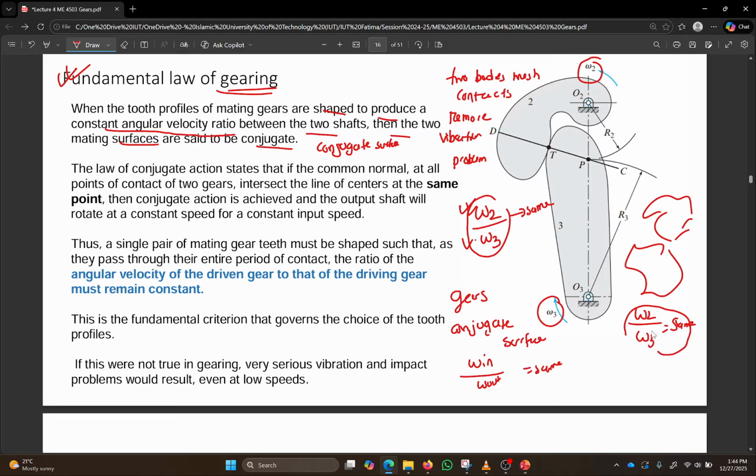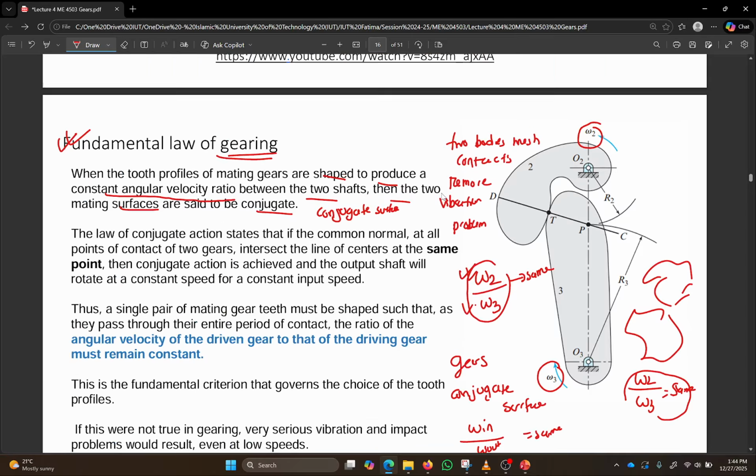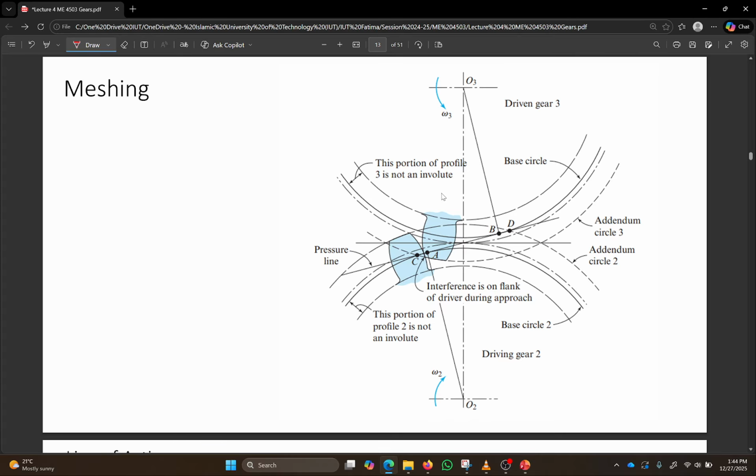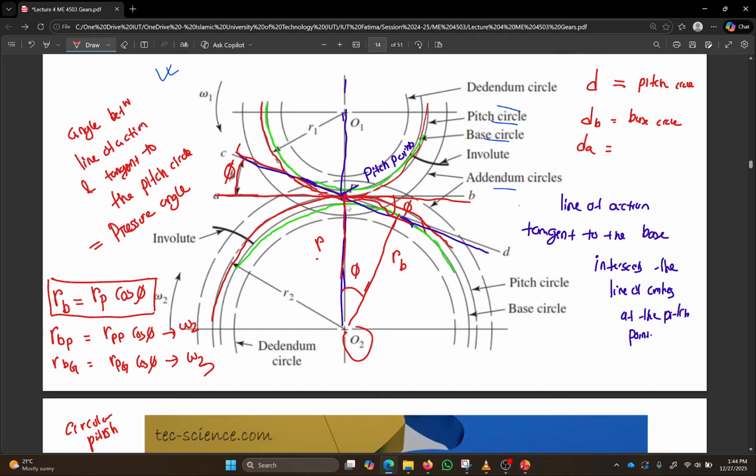Remember, if I go a few slides back, I showed you that whenever two gears mesh, there's a line of action, a pitch circle tangent, and the line of centers. And I told you that the line of action meets the line of centers at a point called P, the pitch point.